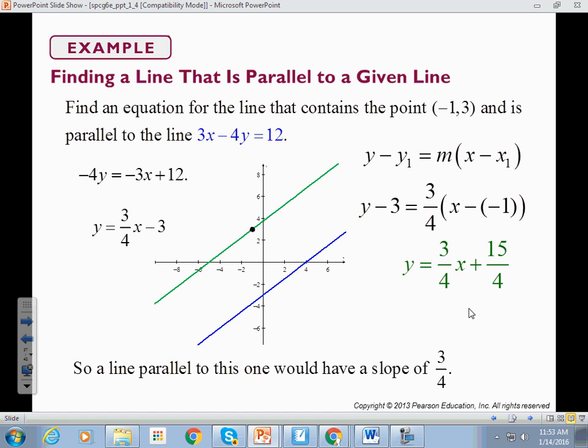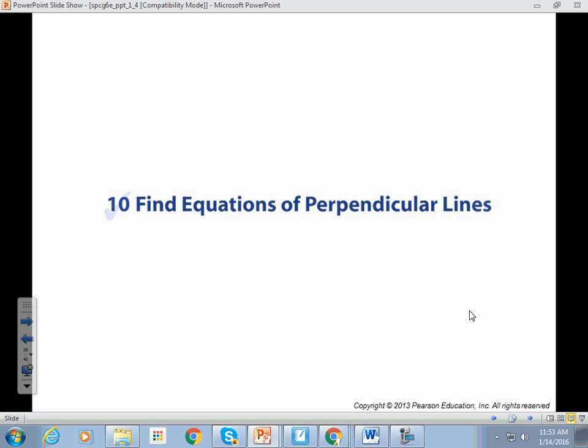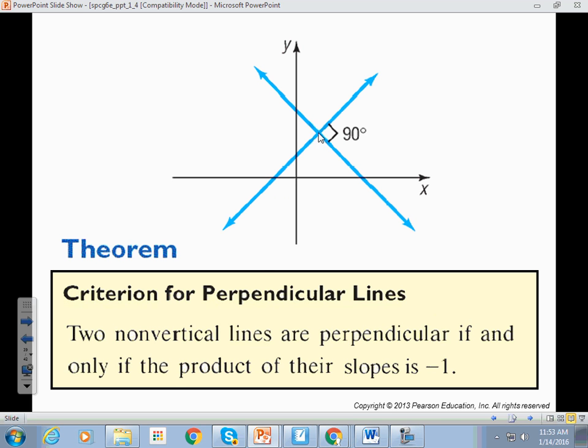Perpendicular lines intersect at 90 degrees, and when you multiply their slopes together, you get -1. We also say that the slopes are negative reciprocals of each other.